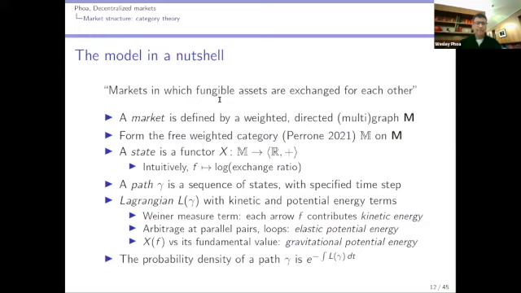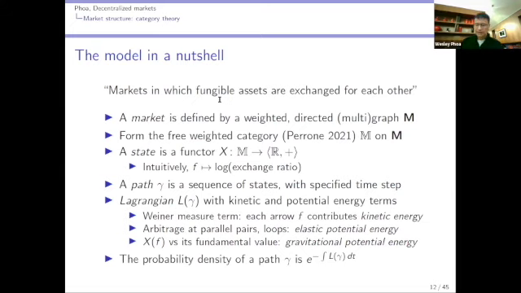Okay, so in a nutshell, what does this look like? And really, there's nothing going on here, except almost no category theory as an organizing principle. So what's a market? Well, a market's defined by a weighted directed multigraph. I'll explain in a second what the weights mean.